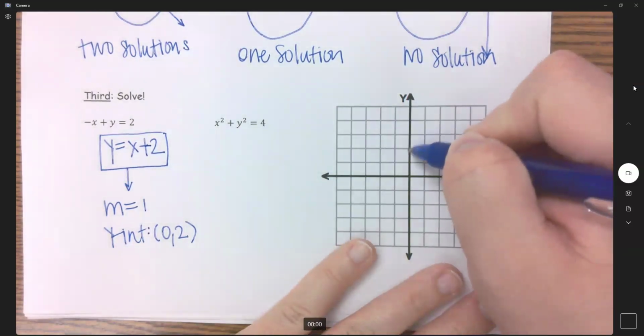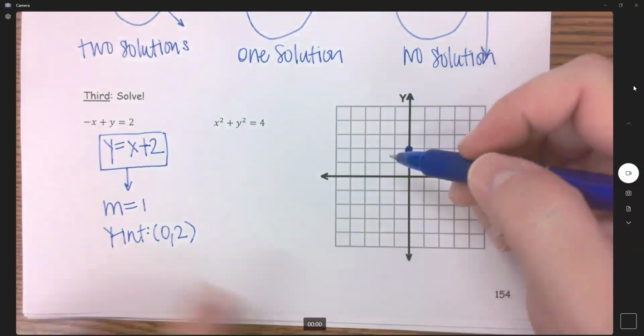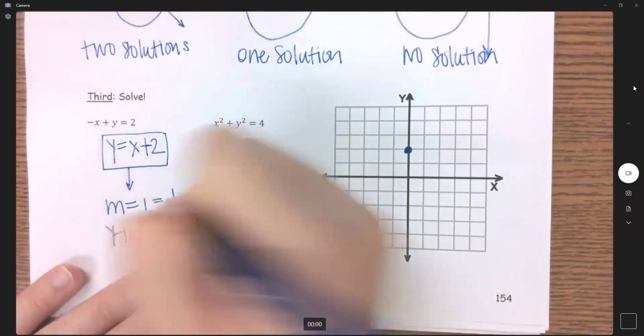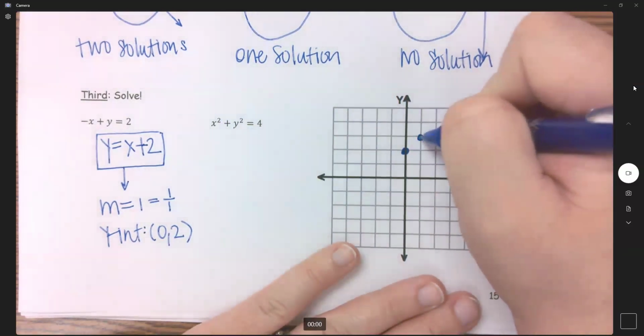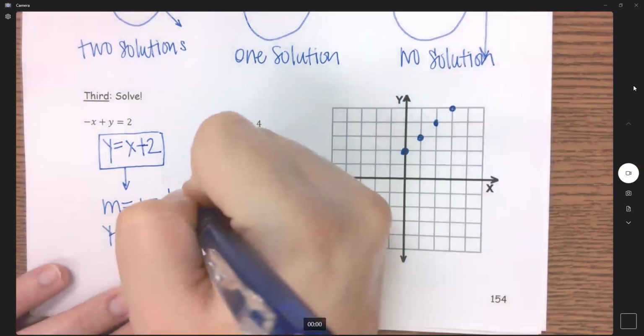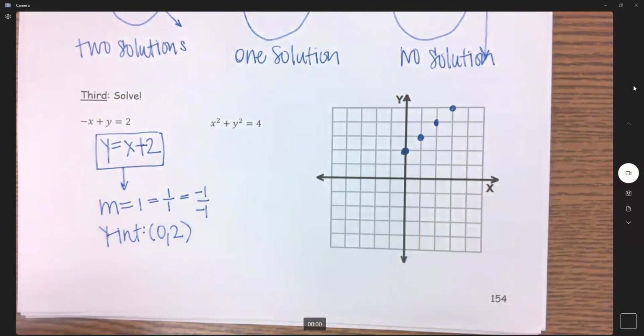At 0, 2 is my y-intercept. And then I will use my slope of 1, which is the same as 1 over 1, to go up 1 over 1, up 1 over 1, up 1 over 1. And that is also the same as -1 over -1, because negative over negative is positive.